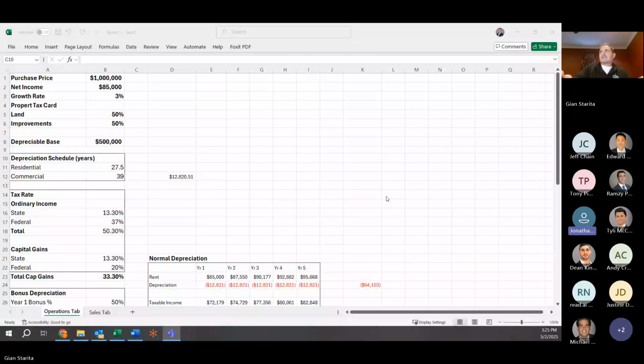When you analyze somebody's exchange, you tend to look at both depreciation recapture as well as capital gains.